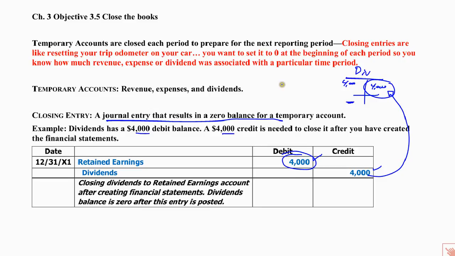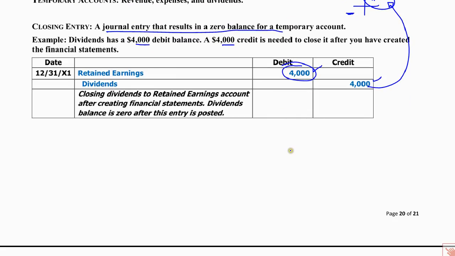But you can also close expenses and revenues to retained earnings. However, sometimes what's done is, let's say revenue is a credit balance. They'll close it to an account called income summary to keep track of all your income.